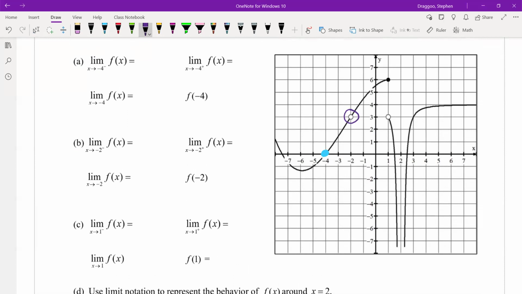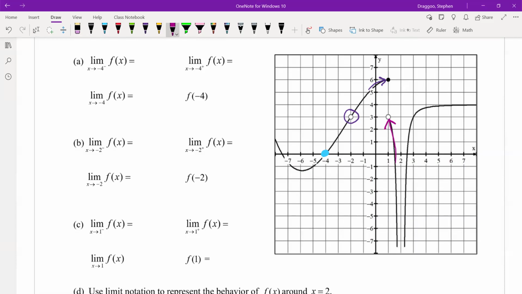And then we're also going to look at +1, which is where that jump discontinuity is. So we're going to look at both of these two spots in the graph.